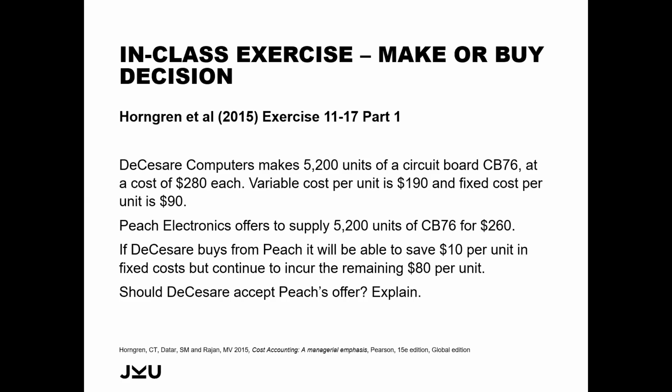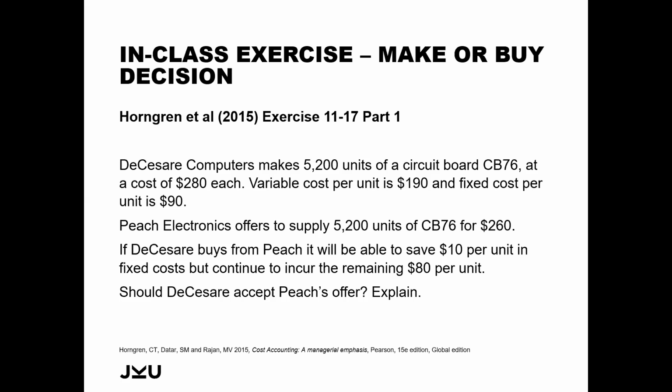In addition, if we buy from Peach Electronics, we would also save the variable costs of $190. So we would save $190 and $10 in fixed costs. We would save $200 if we purchase the circuit boards from Peach Electronics and pay $260.